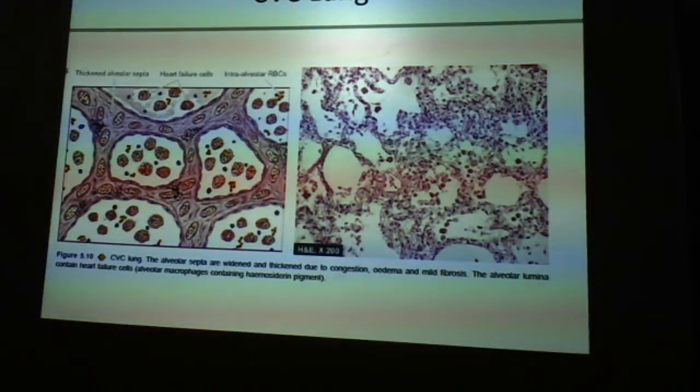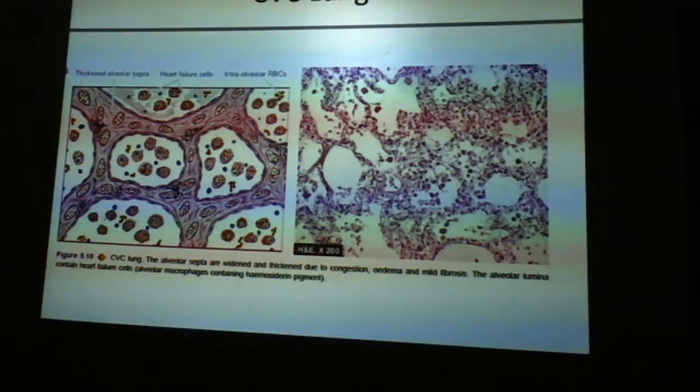So what happens if there is chronic venous congestion of the lung? Imagine that the venous outflow is obstructed, so the blood starts staying within the organs. Normally the lung contains air, right?